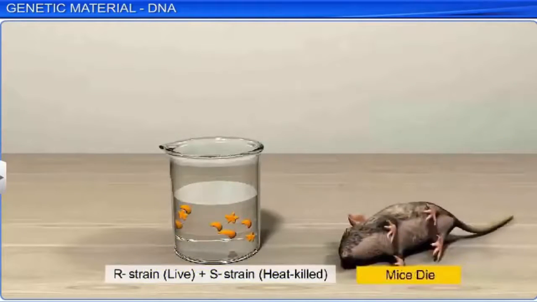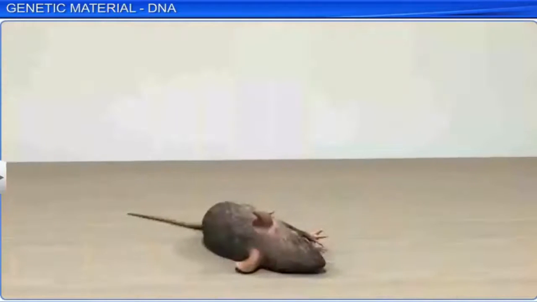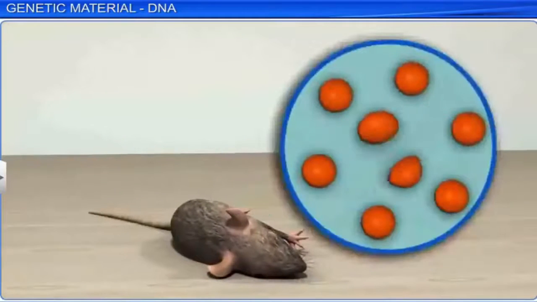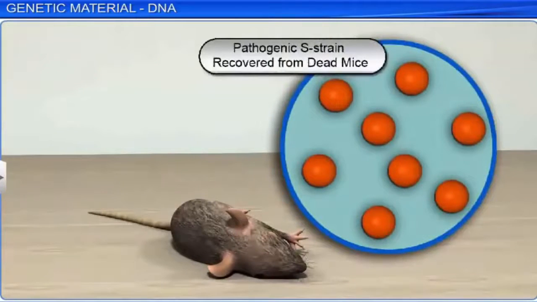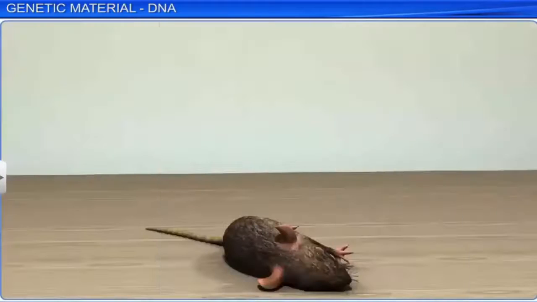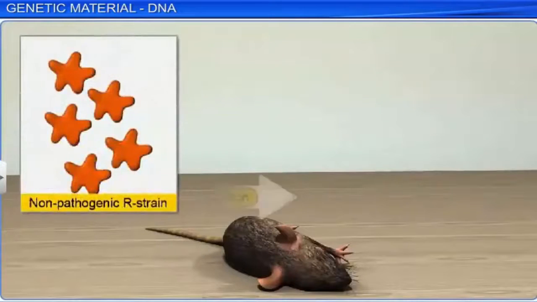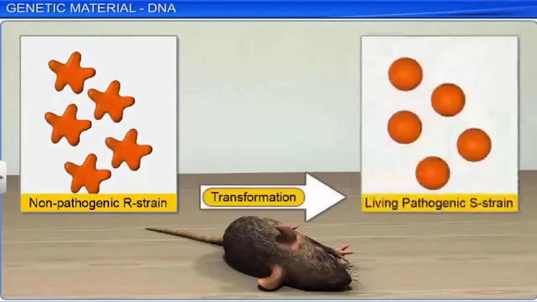Thereafter, when the bacteria were isolated from dead mice, they were found to be of the living S-strain type. This proved that the R-strain bacteria had transformed to the living S-strain. Yet for a long time, due to lack of conclusive proof, proteins were believed to have caused this transformation.